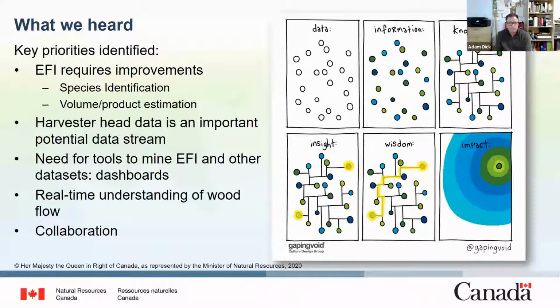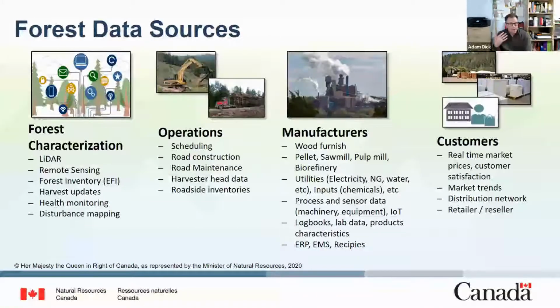At the same time, we acknowledge, over the past years, we've been digitizing a whole lot of other data streams across the value chain, not only about the forest characterization, but the activities we're carrying out in the forest, right through to the manufacturing facilities, mill yard inventories and so on. And then better insight into commodity markets and customer demand.